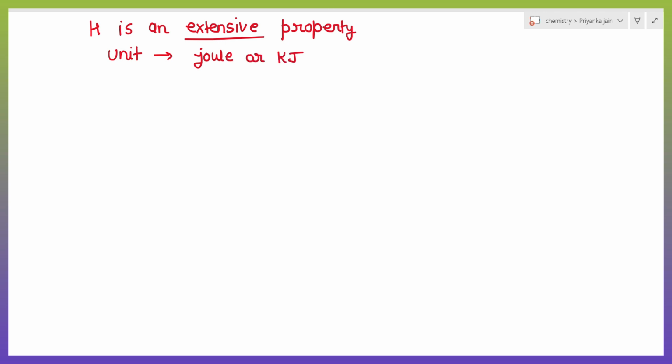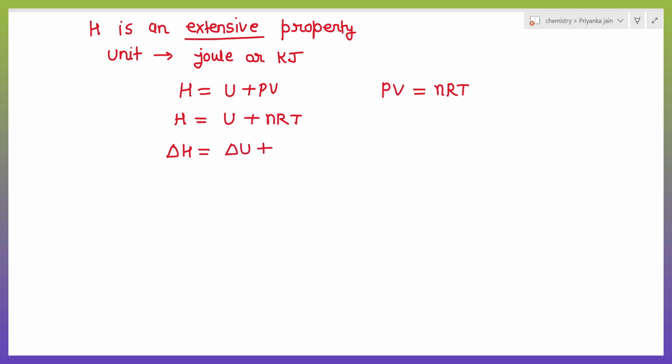As we know, H is equal to U plus PV, and PV is equal to nRT from the ideal gas equation. So we can write H is equal to U plus nRT, or we can write del H is equal to del U plus del ng RT.